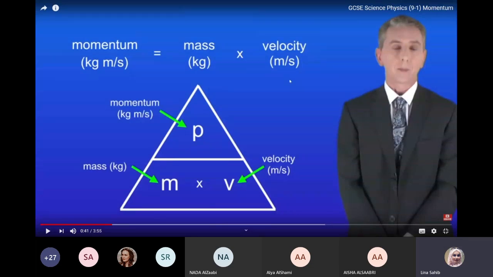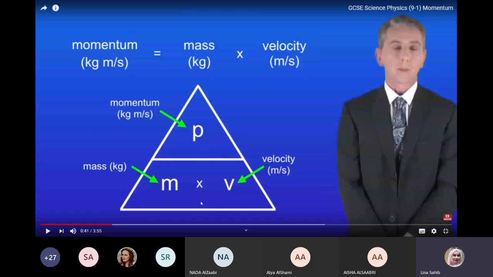To make this formula easy, I will use a triangle: P at the top, and at the base, put a line and write mass multiply velocity. If I need to find the mass, it will be momentum divided by velocity. If I need to find velocity, it's momentum divided by mass.